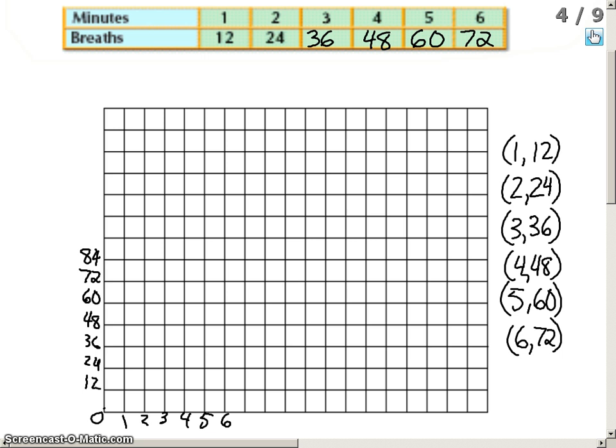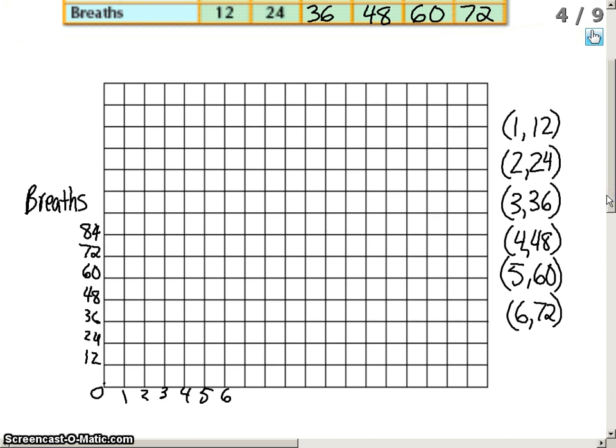Alright, now I also need to label my X and Y axis. My Y axis is breaths. And my X axis will just be labeled as minutes.